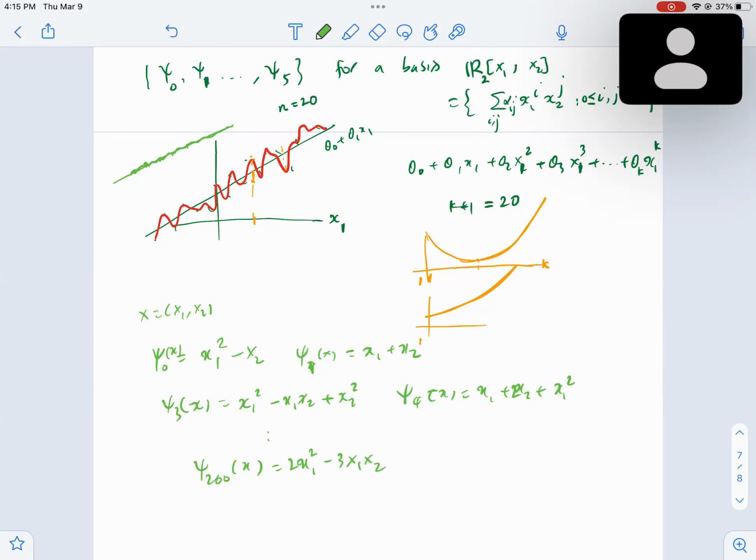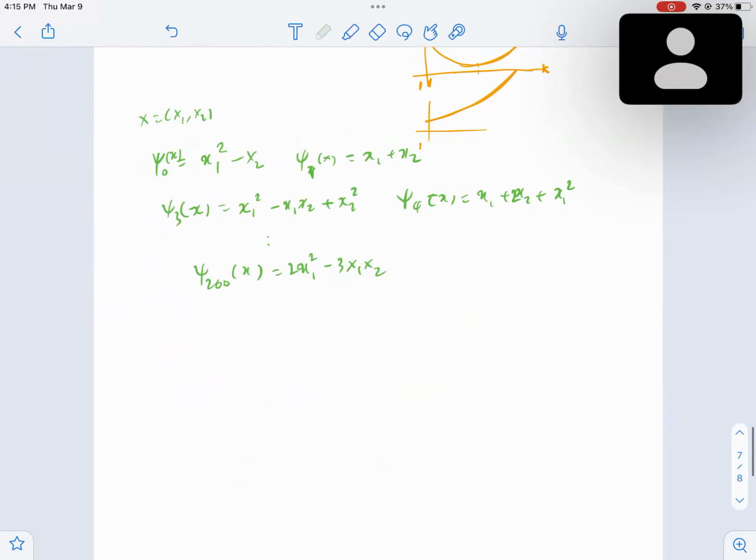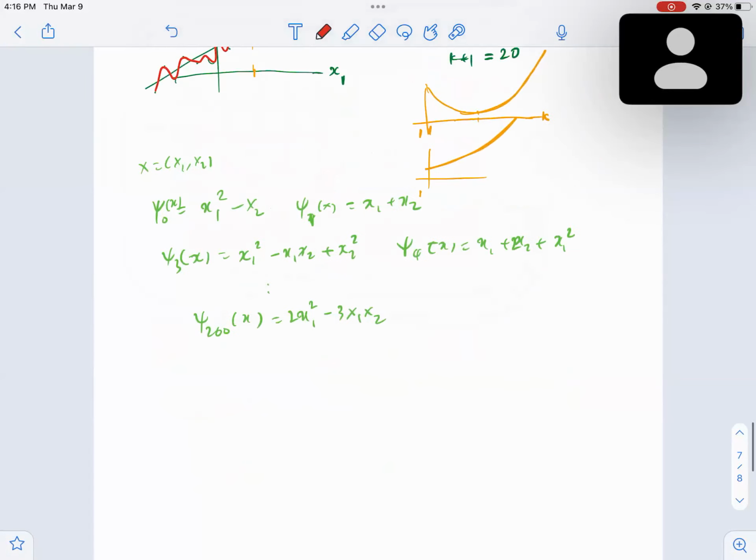Although if I do polynomials, they're going to go crazy like this. But there are certain versions. So the question that you ask is not an easy question to answer. It's a question which people debate nowadays.